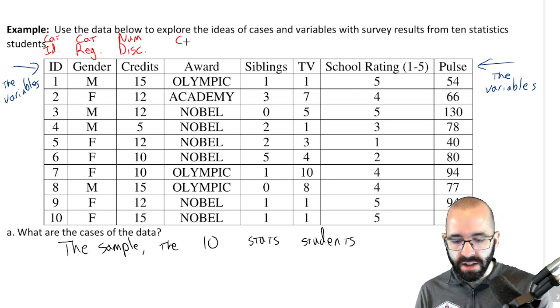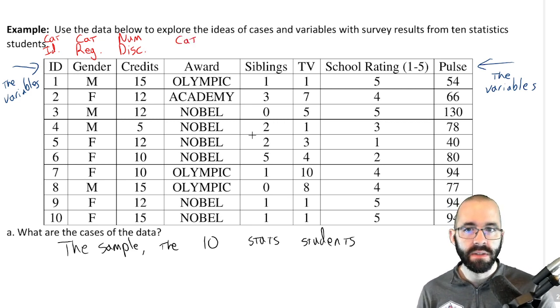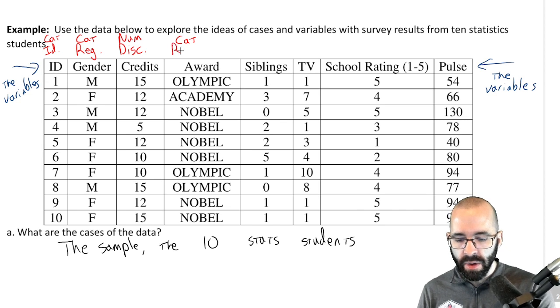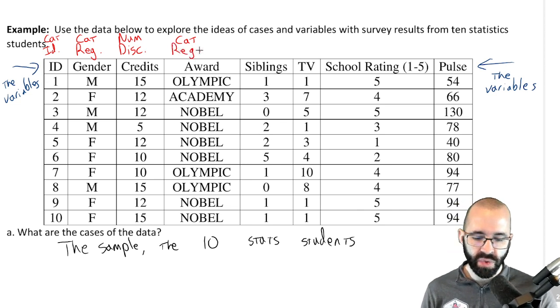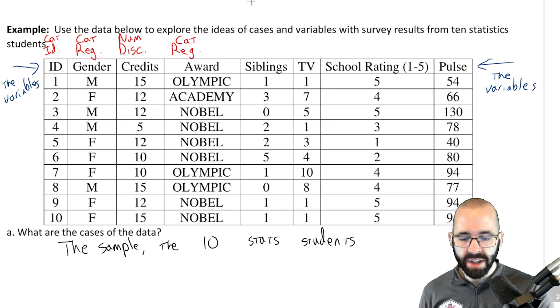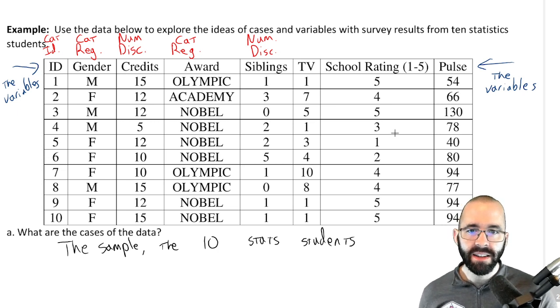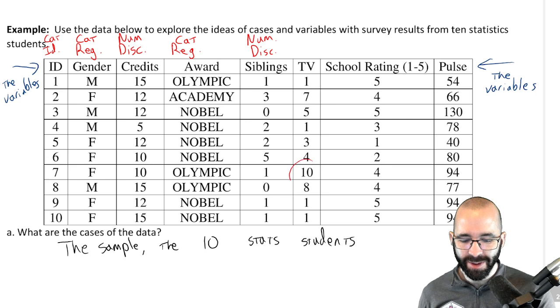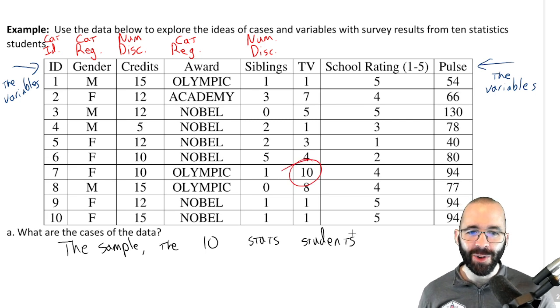A word, that's going to be categorical. It's words. It's going to be regular categorical. Can't really order these. Not an identifier. Siblings, we already mentioned that one, right? That's numerical. It's also discrete. TV, I don't know what this means. I don't think it means number of TVs that you own, because this person would be a bit strange.